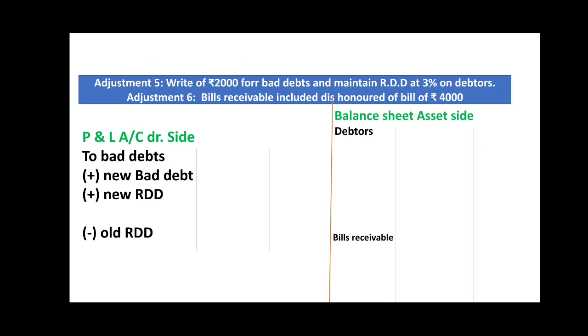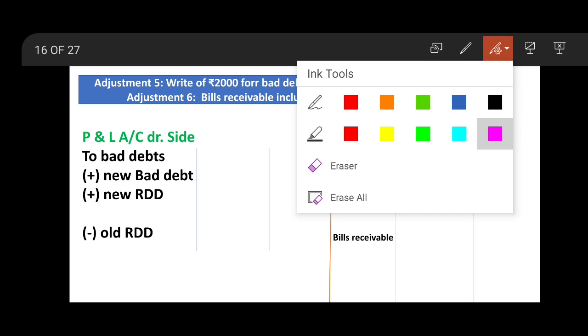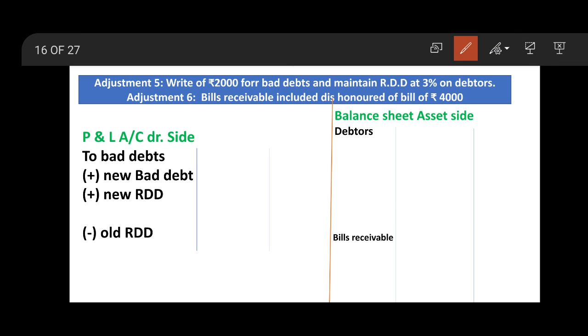We'll go for the 5th and 6th adjustments together as they affect together. You can see here the 5th adjustment, write off 2,000 rupees for bad debts and maintain RDD at 3% on debtors. So this 2,000 is bad debts and it is given in the adjustment, therefore new bad debts.